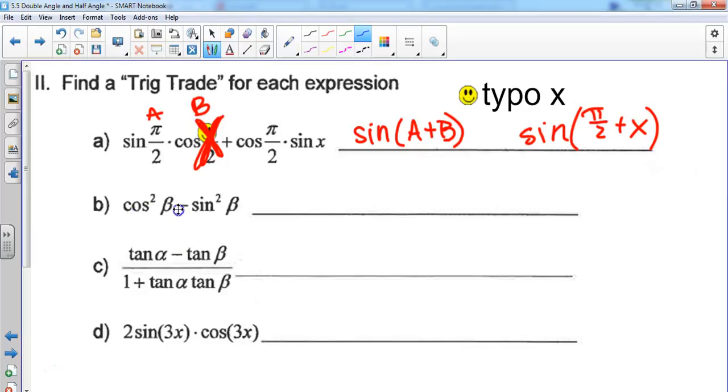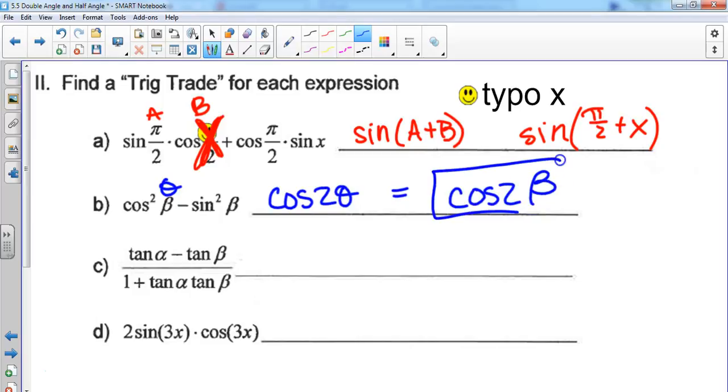Find cosine squared minus sine squared on your sheet. Only instead of theta, we're supposed to write that beta thing. Yep. Anybody find that mess?